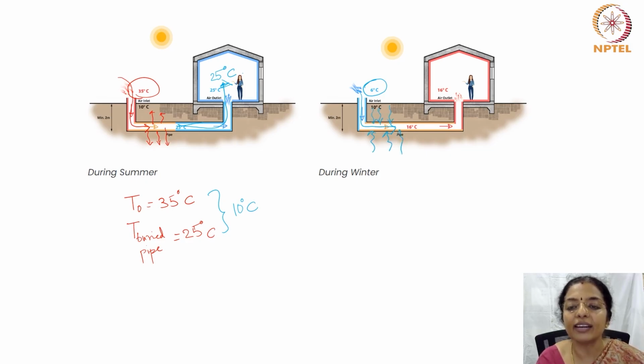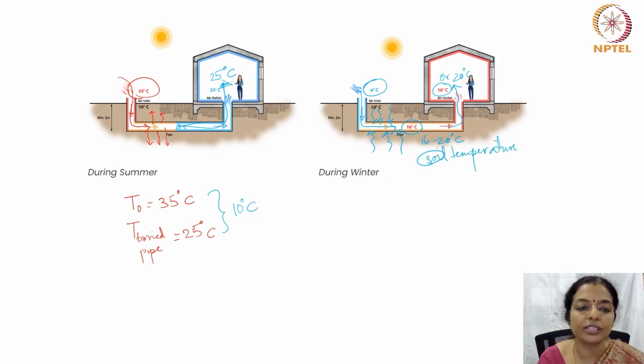In winter, it absorbs, and it becomes either 16 or 20 degrees centigrade. And this air enters the room at about 16 or 20 degrees centigrade, depending upon the soil temperature of that place. I am only telling you the principle of how it works during summer and during winter.